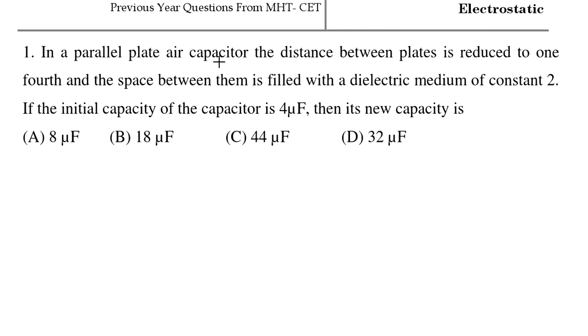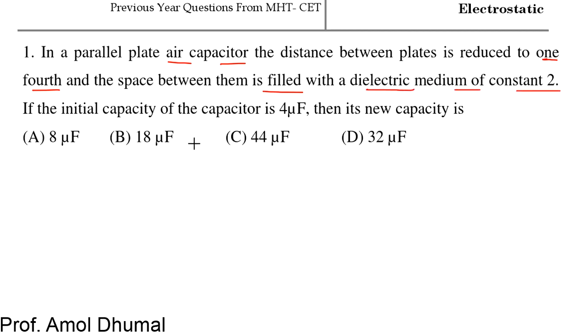In a parallel plate air capacitor, the distance between plates is reduced to 1/4 and the space between them is filled with a dielectric medium of constant 2. If the initial capacity of the capacitor is 4 microfarad, then what is its new capacity?